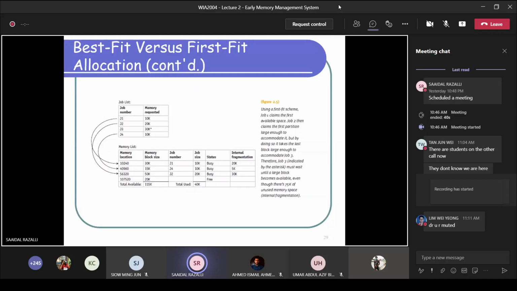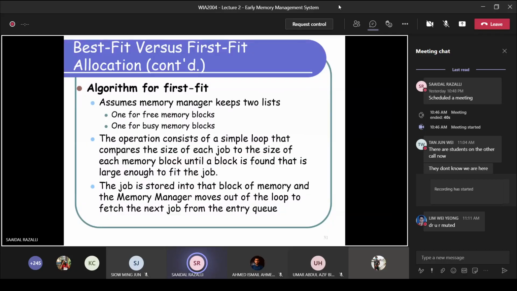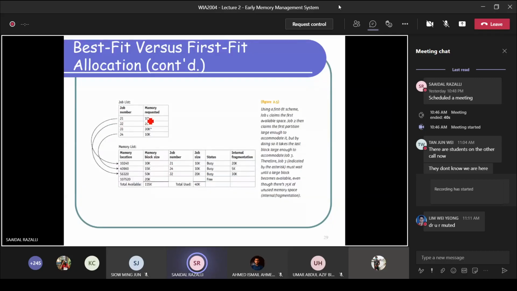This is the first fit scheme. You have job 1, job 2, job 3, and job 4, with memory requested of 10K, 20K, 30K, and 10K.